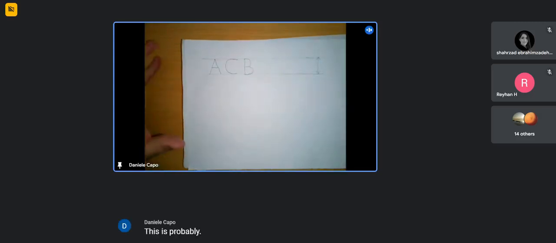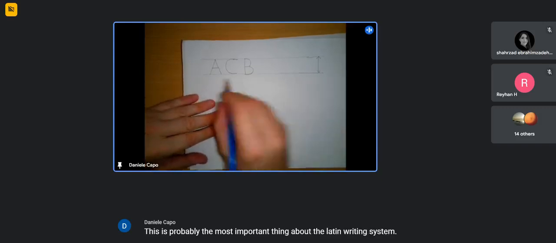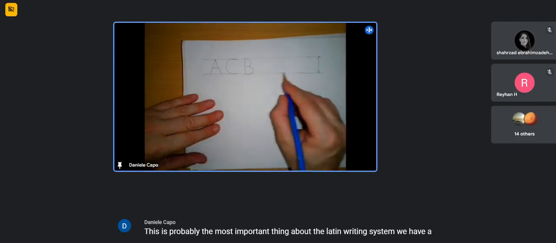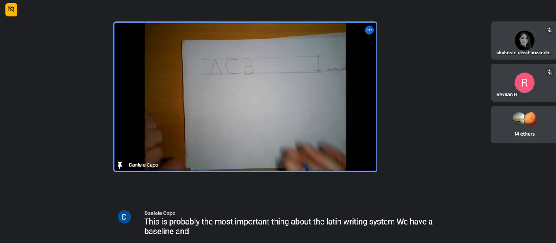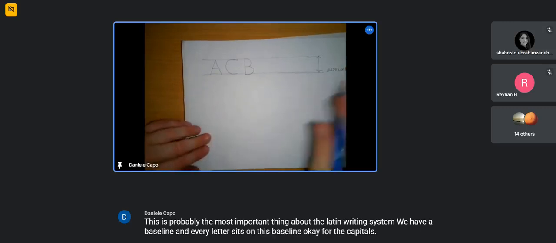This is probably the most important thing about the Latin writing system. We have a baseline, and every letter sits on this baseline, okay, for the capitals.